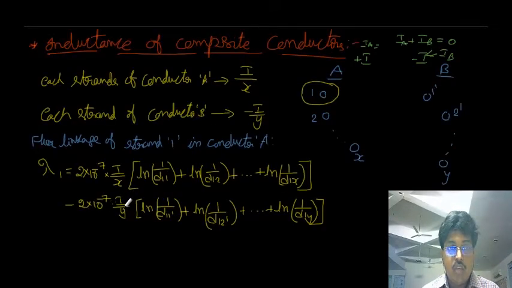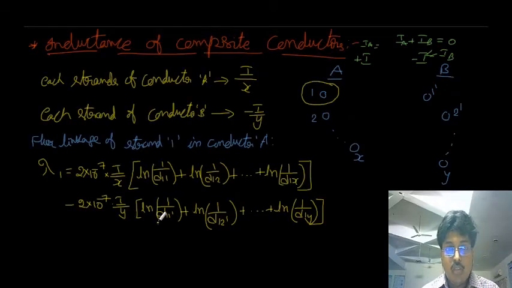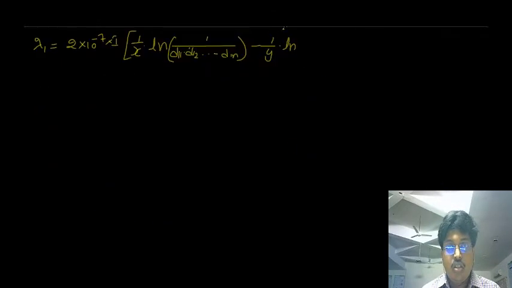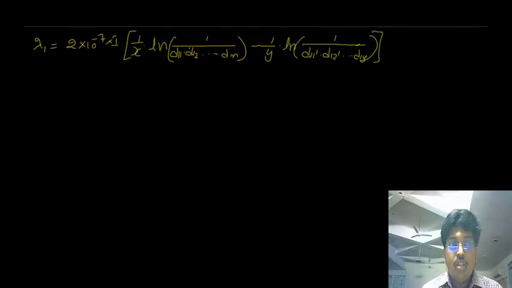Minus, the next term is minus 1 by y into logarithm of, again the same concept of log A plus log B notation, 1 by d11 dash into d12 dash into so on d1y. This is lambda 1, the flux linkage of strand 1.